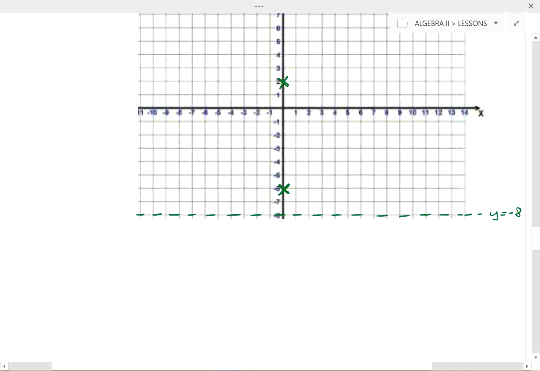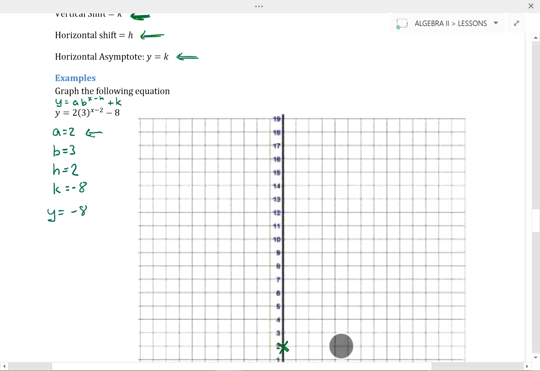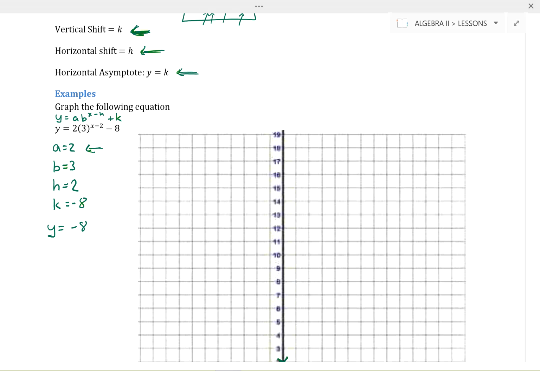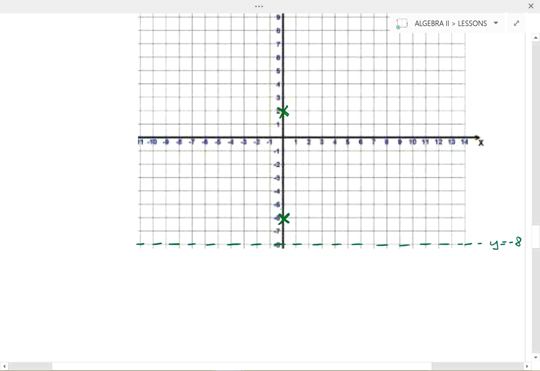But I'm not even going to put a point there because it doesn't exist there either, because of our horizontal shift h, which for us is 2. So because h is positive 2, we actually take this point, which we've already shifted down 8, and shift it to the right 2 as well.